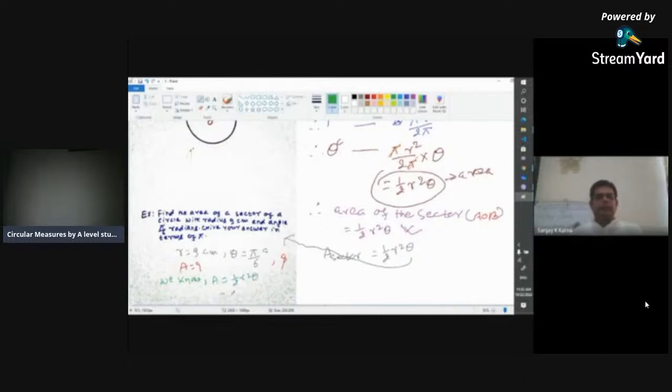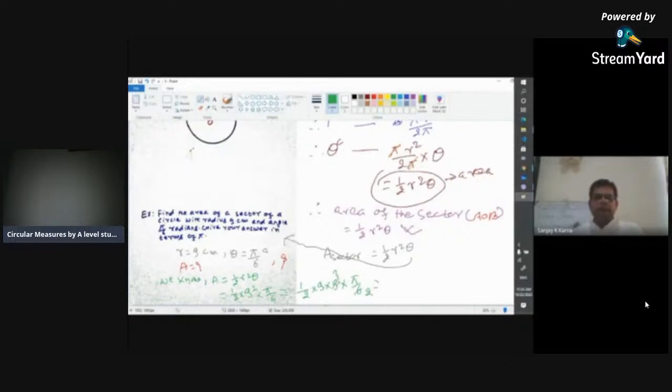Now put in all the values that we have. This is half times r squared, which is 9 squared, and theta is pi by 6. Now calculate it. It is 1 by 2 times 9 times 9, and then pi by 6. 3 3s are 9 and 3 2s are 6.